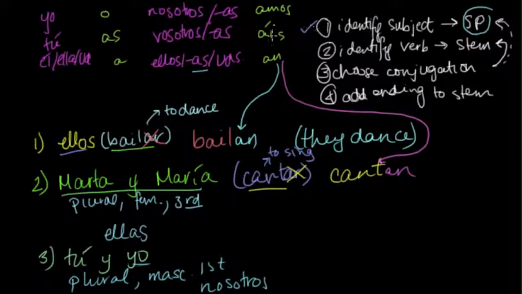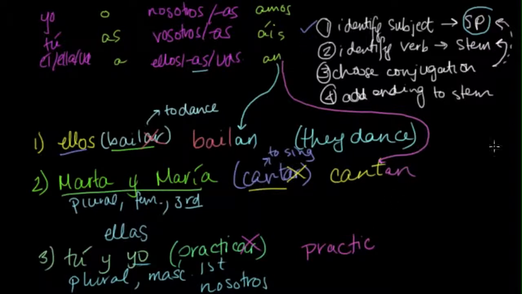Then we have our verb. I didn't write the verb yet. What will we be doing? We will practicar, practice. Practicar, to practice. Okay, so we're going to drop the infinitive ending, take our stem, and add the ending for nosotros, which is amos. Tú y yo practicamos. You and I practice.